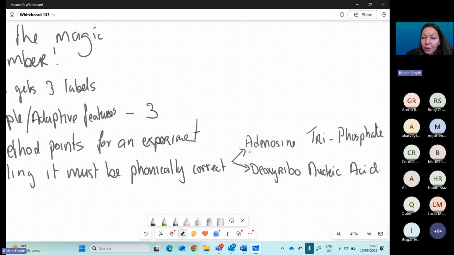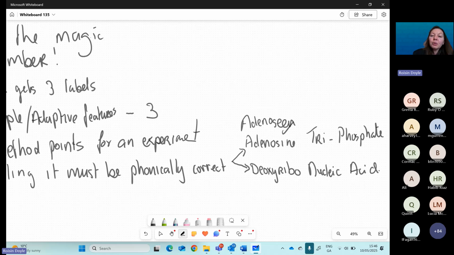So let's say you spelt adenosine like this. Adenosine triphosphate. Phonetically, that is dreamy, so I will give you full marks for that.